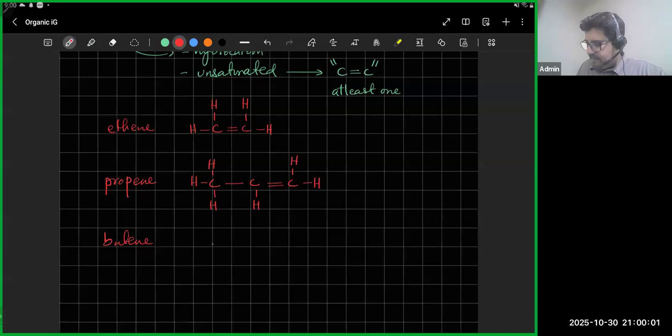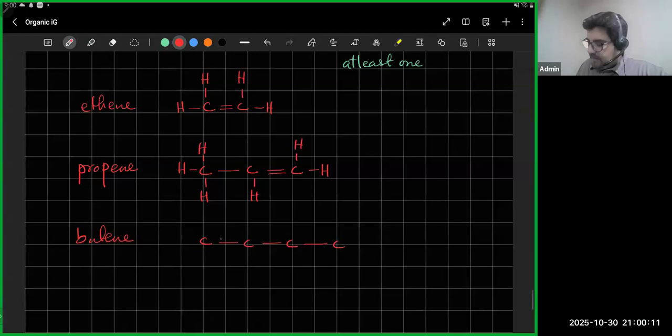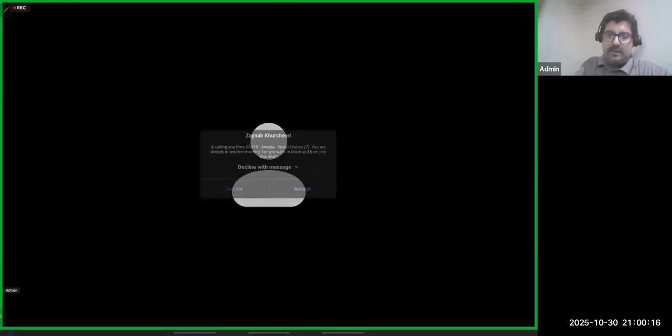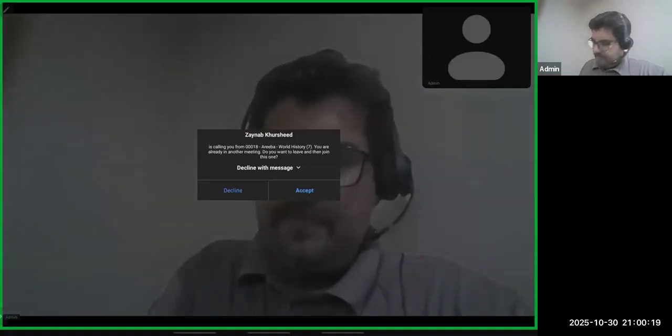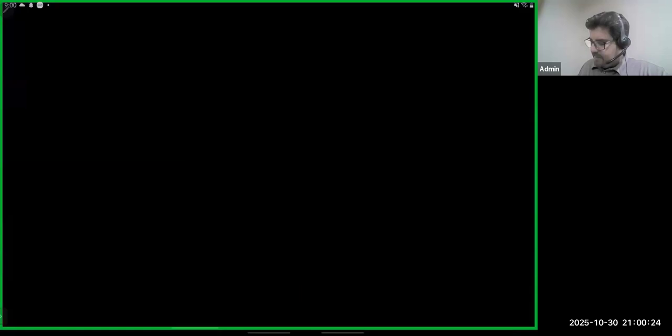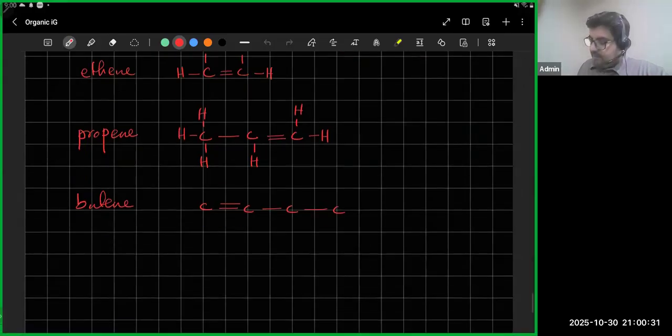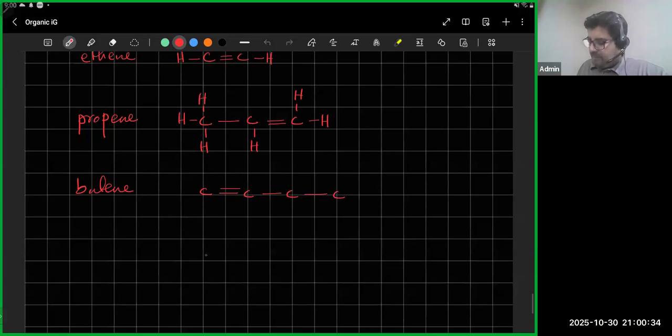When it comes to butene, the trouble is you've got a lot of options. When it's 4 carbon atoms, it's a butene. The trouble is that the double bond has plenty of options.